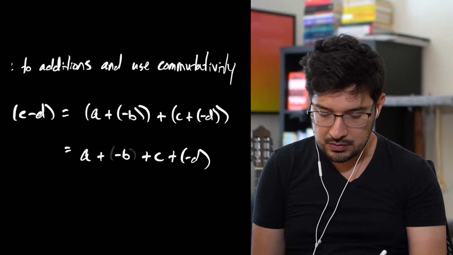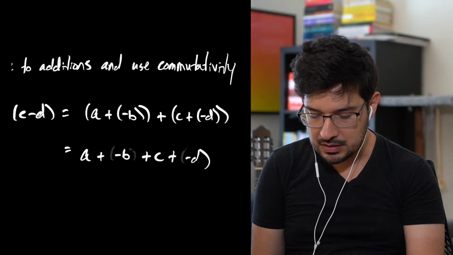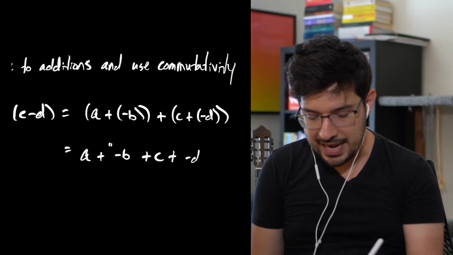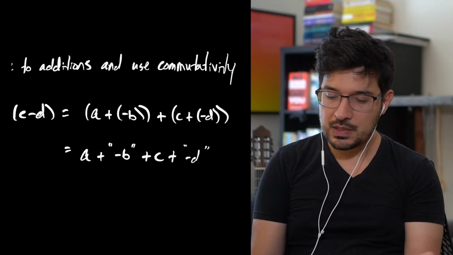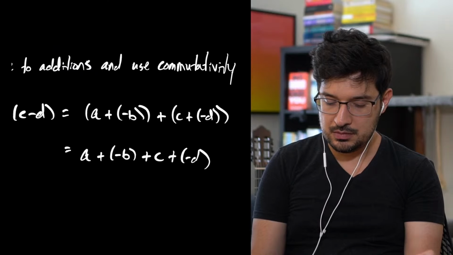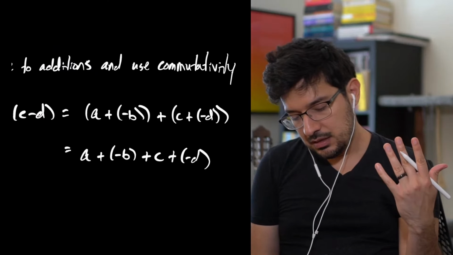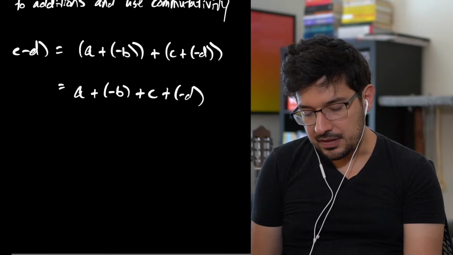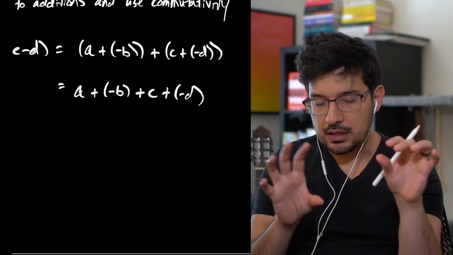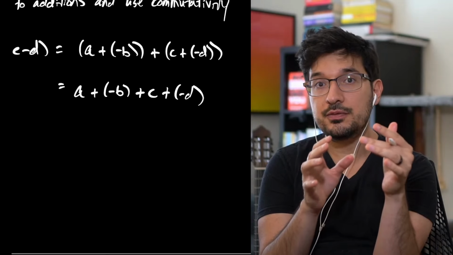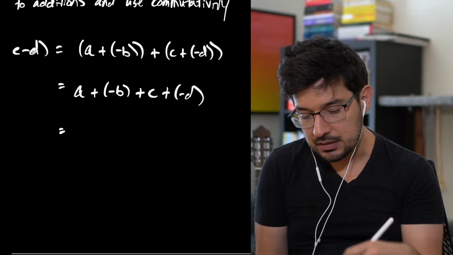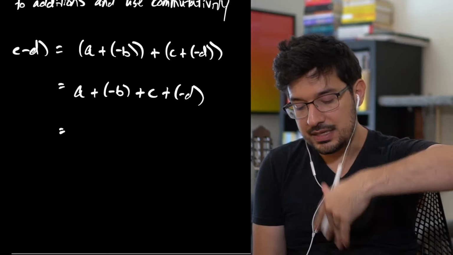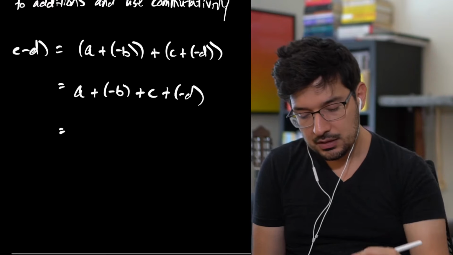Really, remember that this is a number, negative b and negative d. But these parentheses are different than the ones that are defining the order of additions. These parentheses are separating negative b as the negative of b.